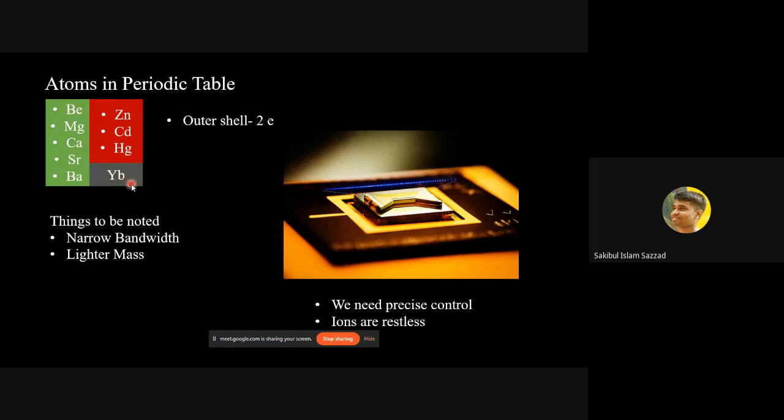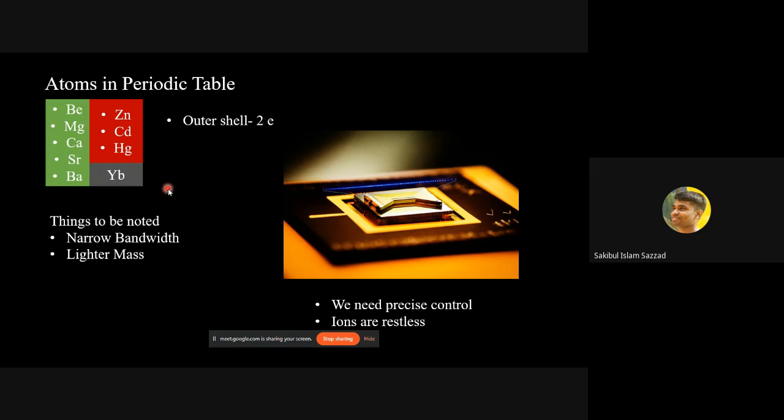But interestingly, ytterbium is used by IonQ. I chose ytterbium mainly because IonQ is doing a great job with ion traps, and I'd like to name a researcher. His name is Dr. Chris Monroe, who is the founder of IonQ.